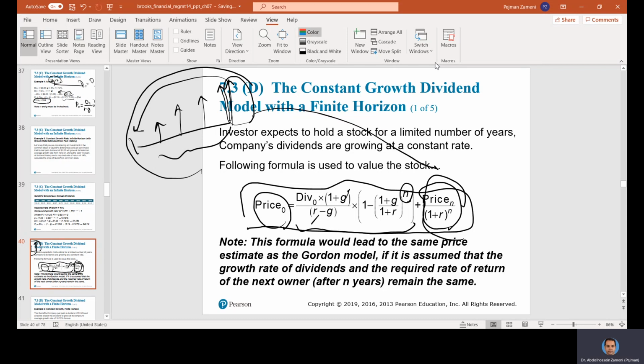This is the present value of the sale price, and this part here is the present value of all these dividends. Investors expect to hold the stock for a limited number of years. Companies' dividends are growing at a constant rate. The following formula is used to value the stock.